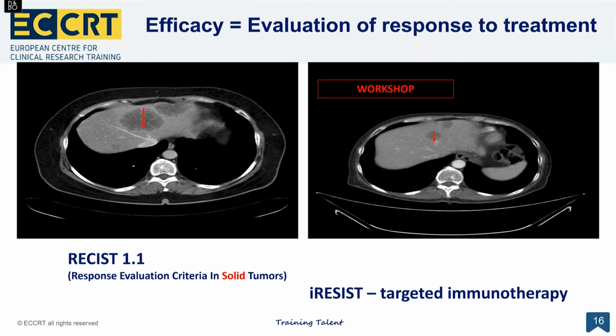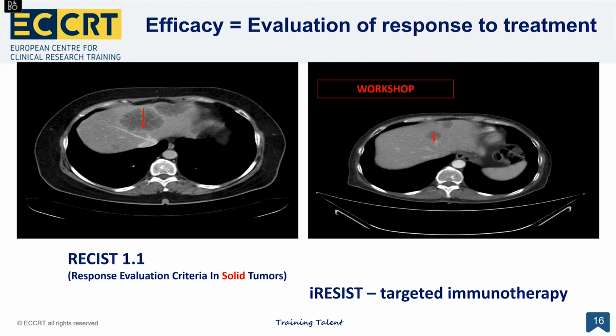And you can clearly see, when he measures the lesion again, that the size has clearly decreased. So the response to treatment for this patient is a good response. The treatment is definitely working.